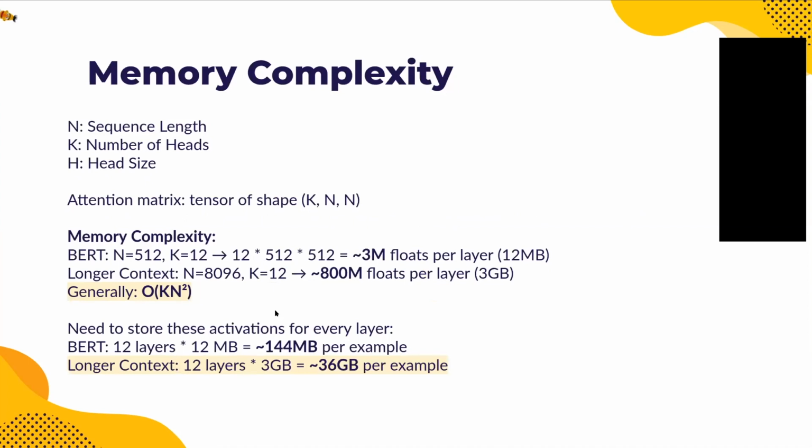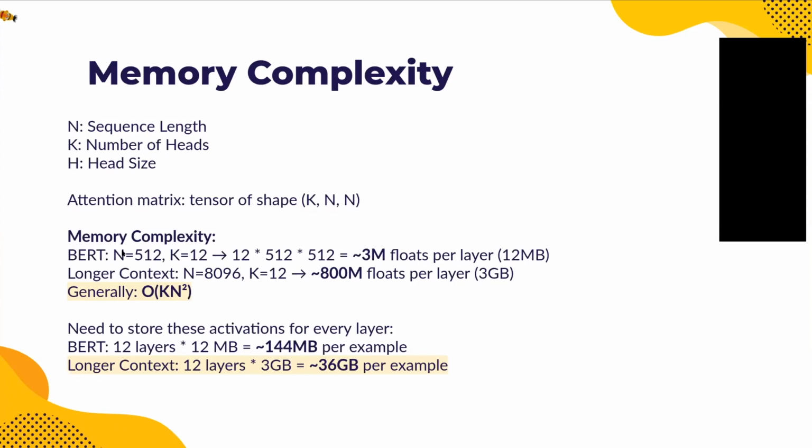Memory complexity also becomes problematic, and in some cases is more problematic than the computational cost of dealing with long sequences. So here we'll talk about multi-head attention, where we're looking at a couple different lenses into the same sequence. For multi-head attention, we have a tensor of shape k, the number of heads, by sequence length by sequence length that represents the attention between the source sequence and the target sequence. We'll have some nice visuals a little bit later.